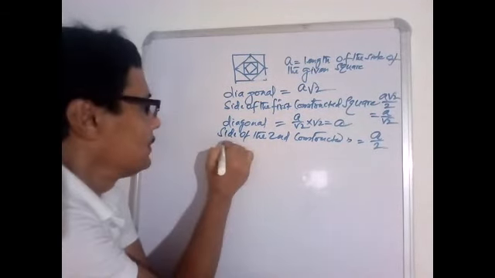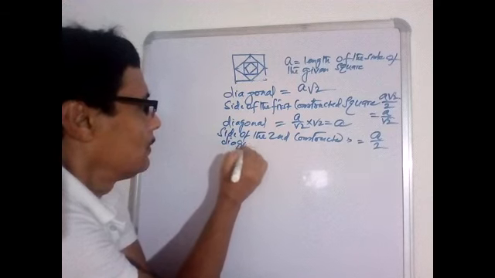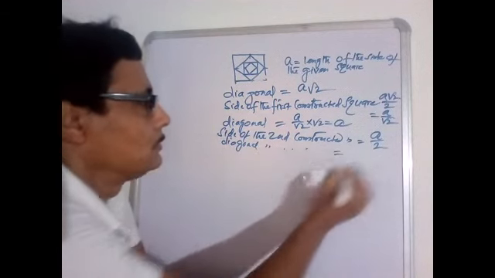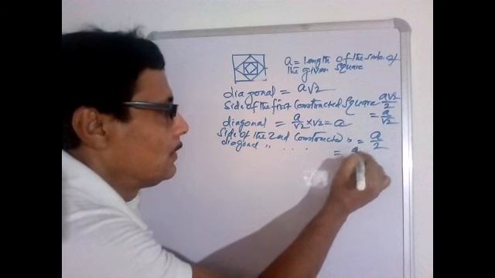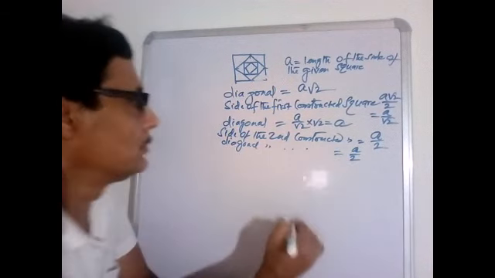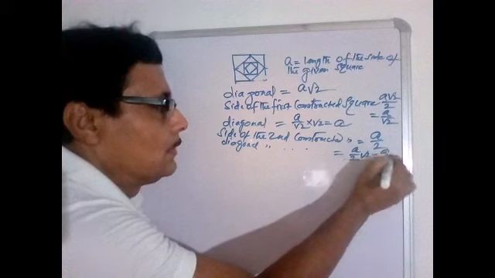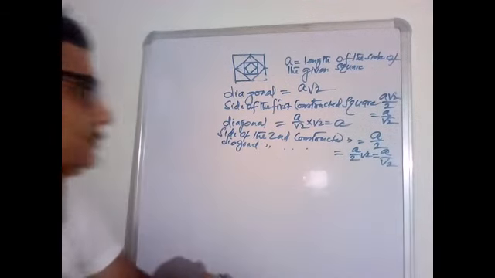Diagonal of the second square equal to A by 2 into root 2, that is A by root 2.